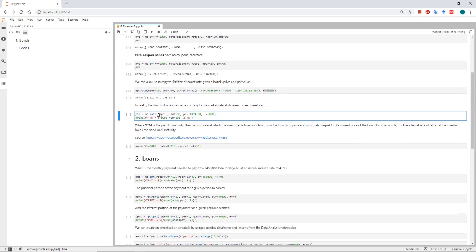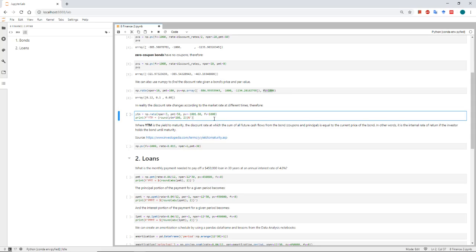And so in reality, the discount rate changes according to market rates at different times. So this is the yield to maturity, based on the sum of future cash flows from the bond, coupons and principal, being equal to the current price of the bond. It is the internal rate of return if the investor holds the bond until maturity.